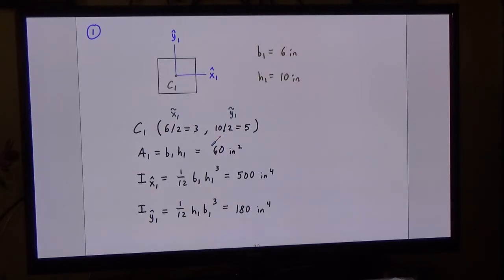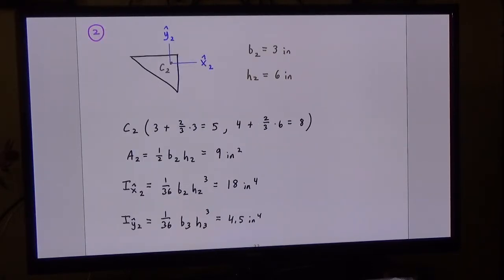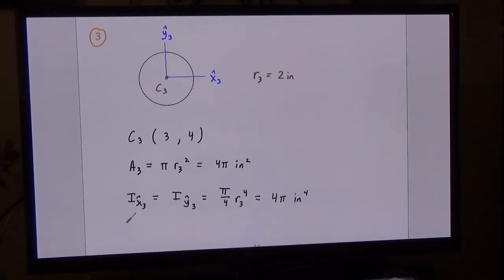For part number 2, this is what I have, again defining these same 4 terms. And for part number 3, I have these same 4 terms. So that's kind of just setting it up, specifying centroid, area, and moment of inertia about x hat and y hat based on what we're given from reference figures.